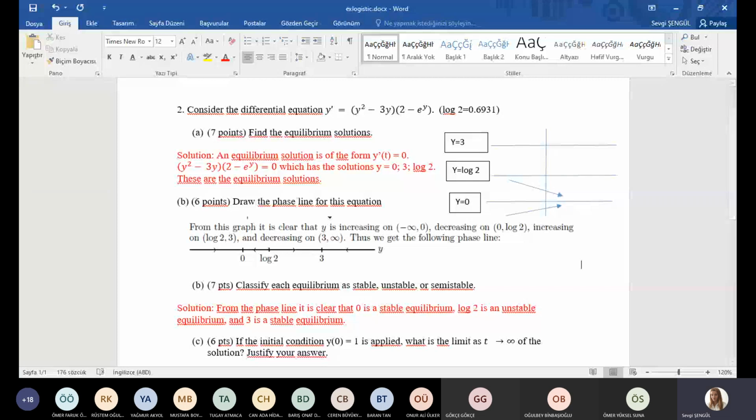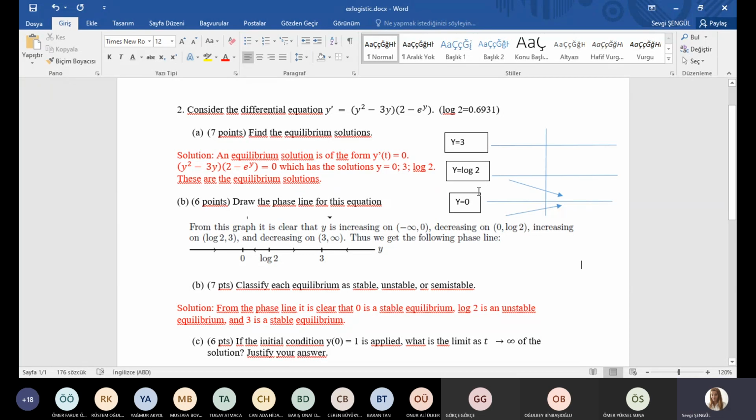And you can have all these regions and how the solutions are going to behave. And since it is approaching 0, this is going to be stable. Remember that. And this one is logarithm 2. You can see here one is decreasing, both are diverging from logarithm 2. So this is unstable. And in the same way y equals 3 is stable because both are approaching.